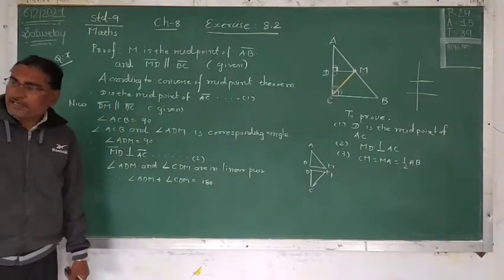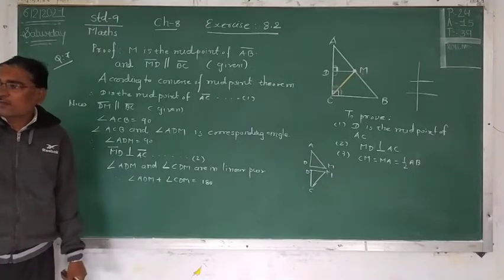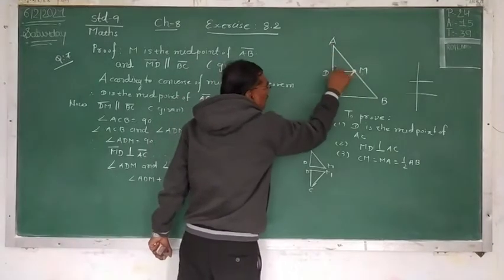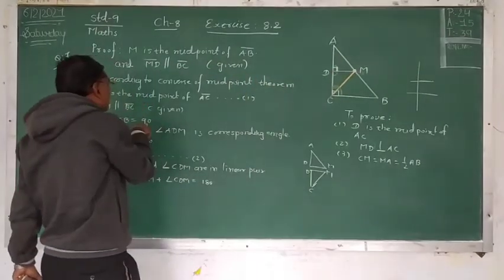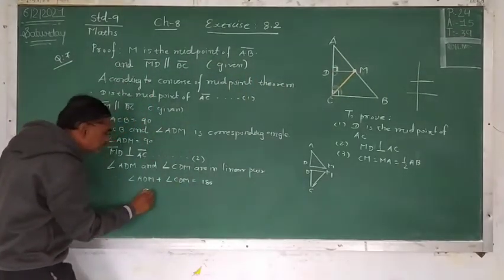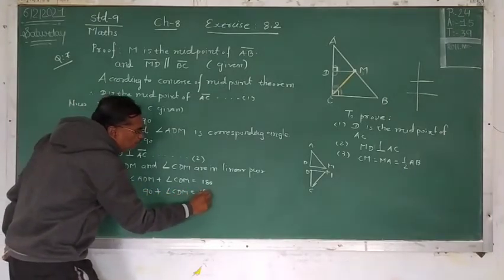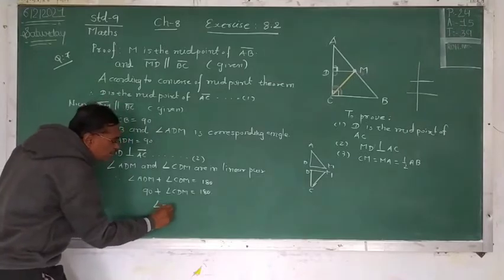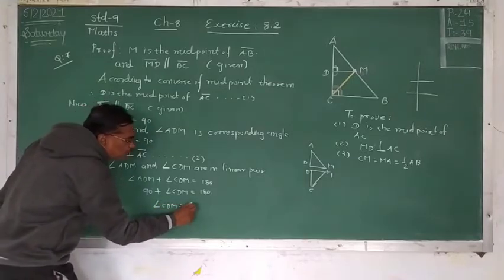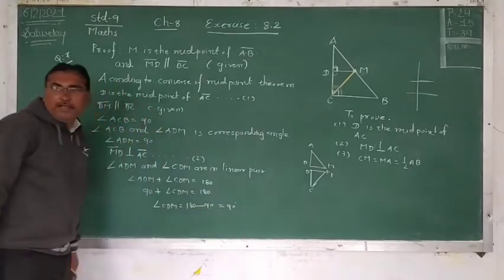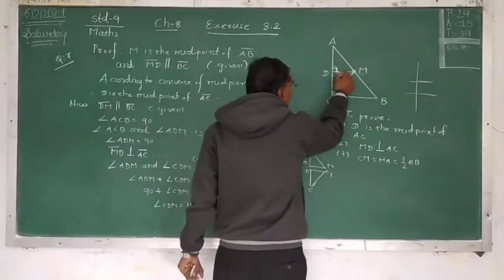Linear pairs are supplementary. The sum of the two angles is 180. ADM we have taken as 90, plus CDM equal to 180. Therefore, CDM equal to 180 minus 90 equal to 90. This angle is also 90.